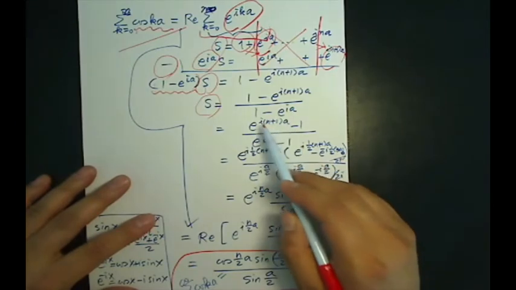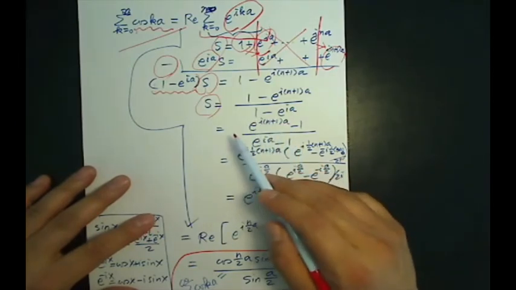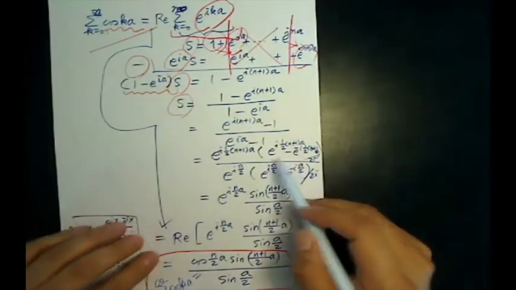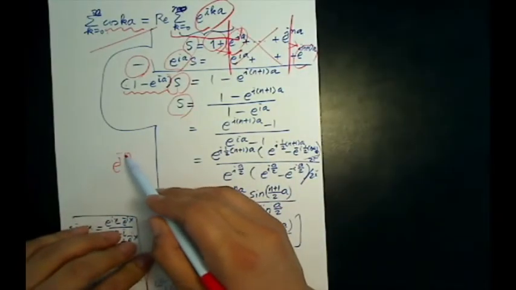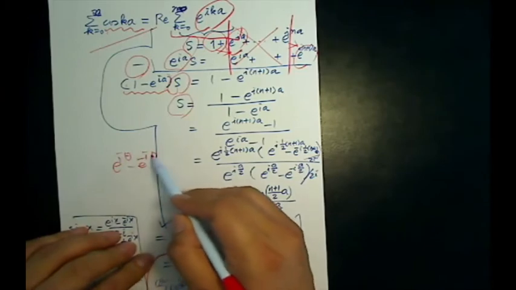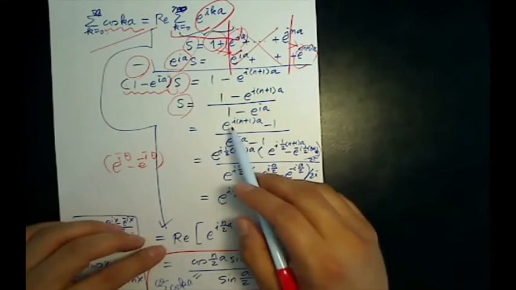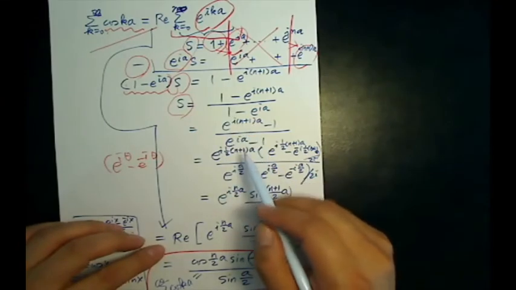We factor the half of this phase out, then the remaining piece has e to the i theta minus e to the minus i theta style. And this over-factor has a phase of half of this original one.